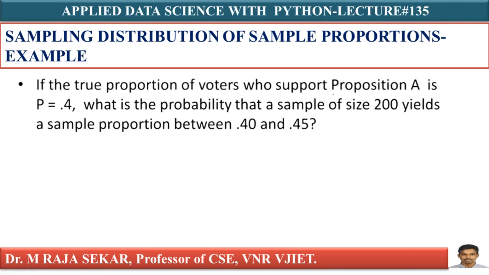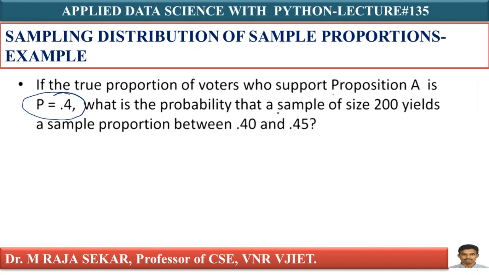We will try to understand this with the help of one simple example. What does it say? Just read it. If the true proportion of voters who support proposition A is capital P equal to 0.4, this you must understand, this is capital P, the population proportion.